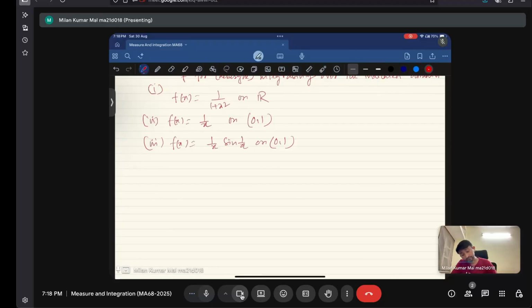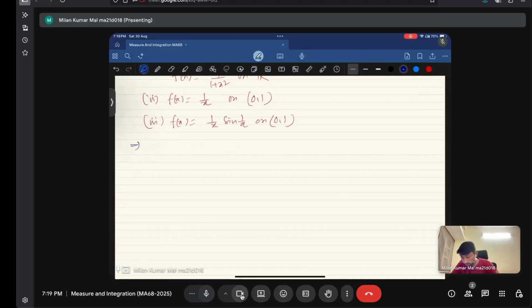Okay, so here it is asked for the Lebesgue integrability. So by any means we have to show in some way that this is Lebesgue integrable.